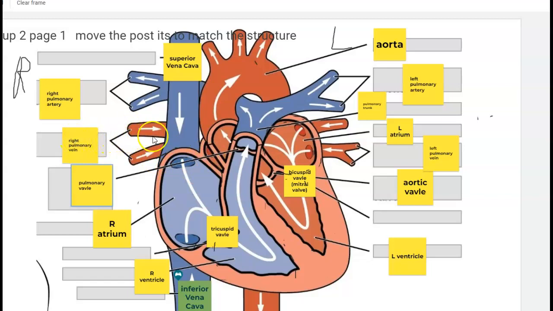If it's coming from the right lung, it's the right pulmonary vein. If it's coming from the left lung, it's the left pulmonary vein. It then goes into the atrium where it's collected. It goes to the ventricle, which contracts, and then it goes through the valve going to the aorta, which is the main one here. So that's the aortic valve.